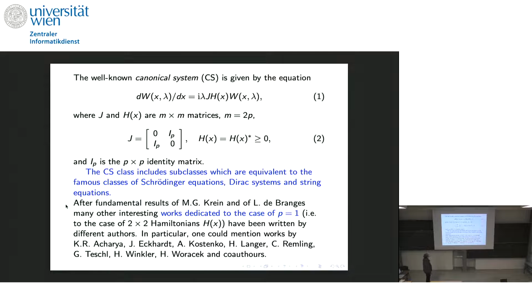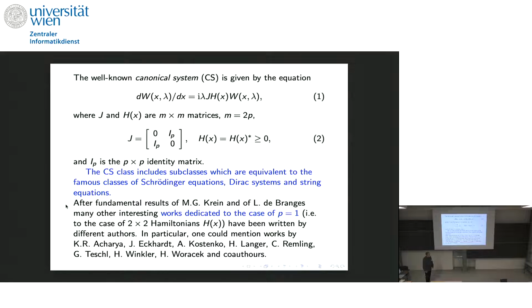The well-known canonical system is given by equation 1. Our abbreviation CS for canonical system will be used further in the transparencies. The CS class includes such important subclasses as Schrödinger equations, Dirac systems, and string equations.